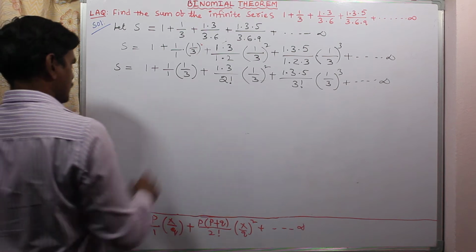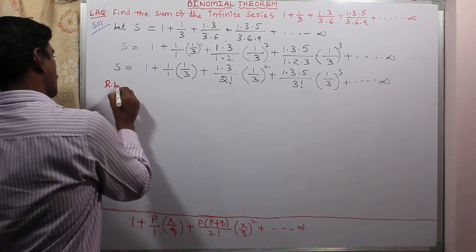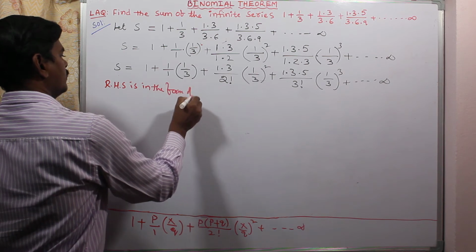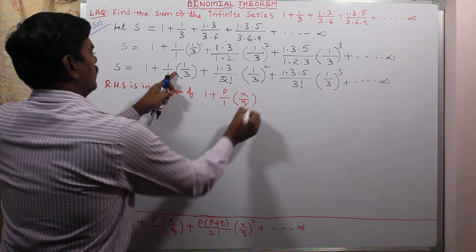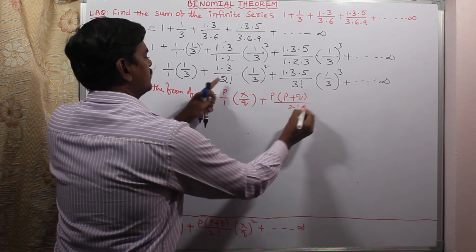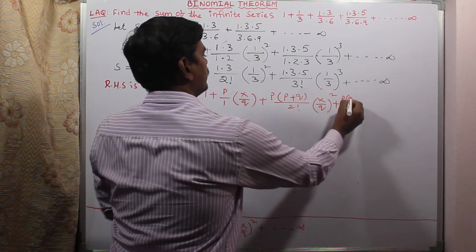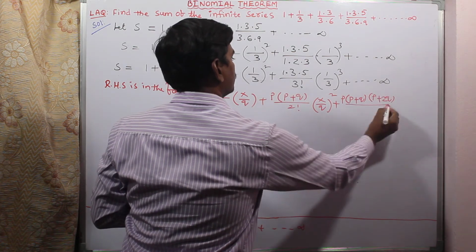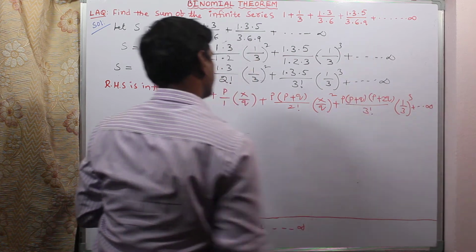Now RHS, the right hand side expression, is in the form of 1 plus p by 1 into x by q plus p into p plus q by 2 factorial into x by q whole square plus p into p plus q into p plus 2q by 3 factorial into x by q whole cube plus so on up to infinite.